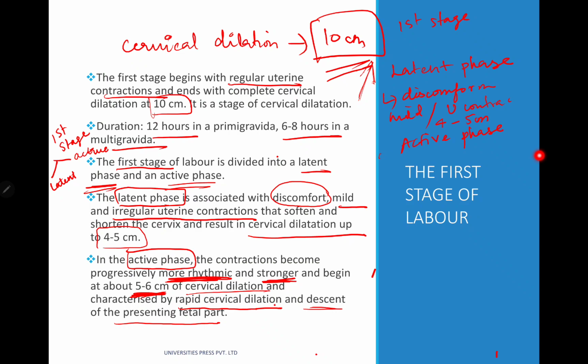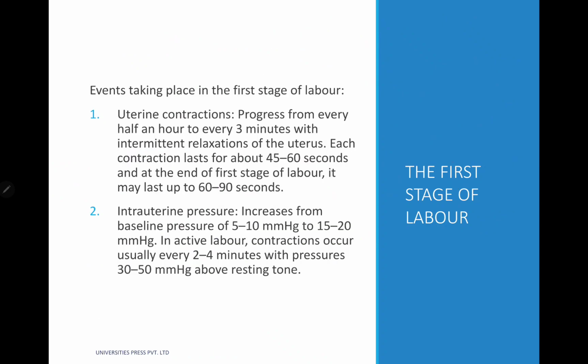Whereas in the active phase, it starts with cervical dilatation at 5 centimeters till it reaches 10 centimeters. So it's going to be a rapid cervical dilatation, and there will be descent of the presenting fetal part. So this is all about the first stage of labor.